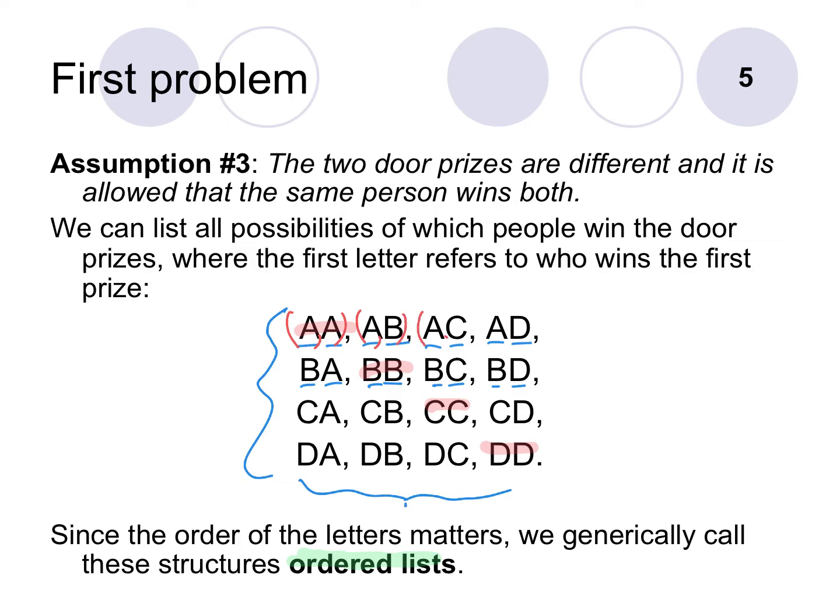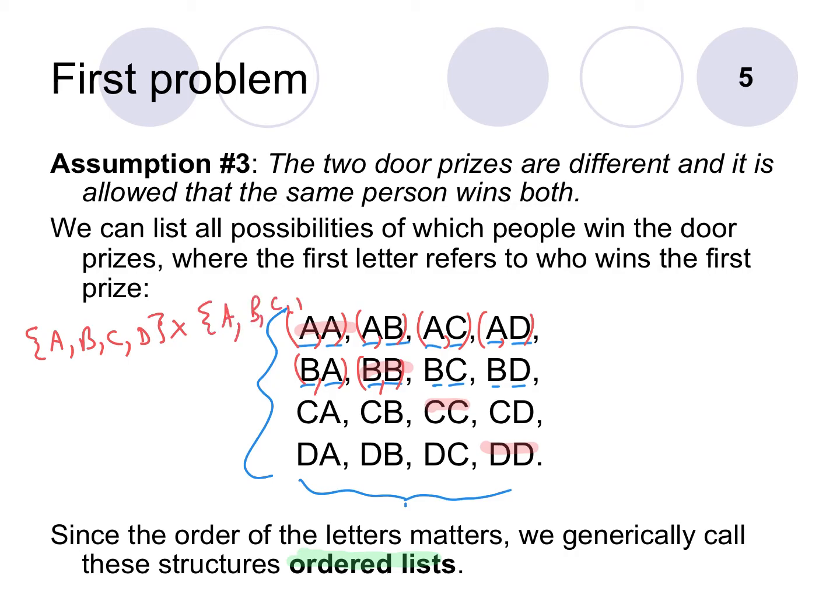So if I added more stuff here, notice how this looks like all possible ordered pairs, where the first coordinate comes from A, B, C, D, and the second coordinate comes from A, B, C, D. So with that extra putting the parentheses on there, this looks exactly like the Cartesian product of ABCD cross ABCD.